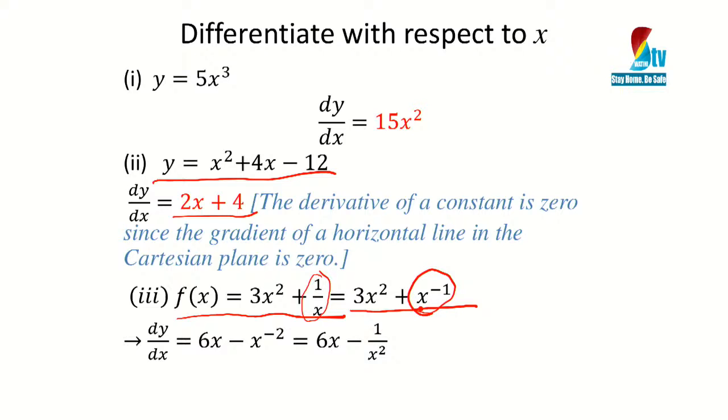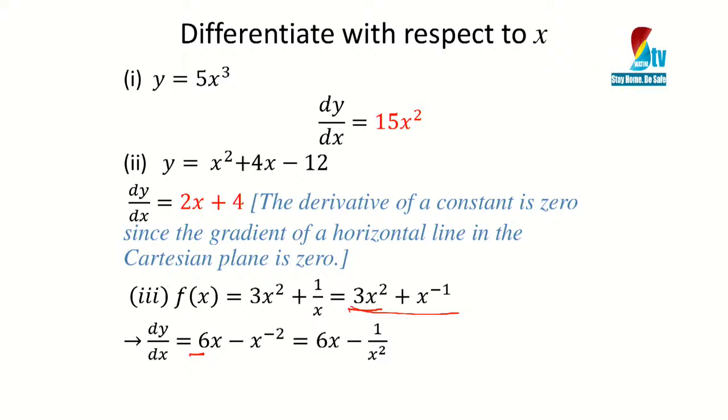When you have written your expression in that form, you have 3x squared plus x raised to the power negative 1, and then we differentiate term by term. We start with 3x squared, so it's going to be 3 times 2 giving you 6, and then 2 minus 1 will give you x.